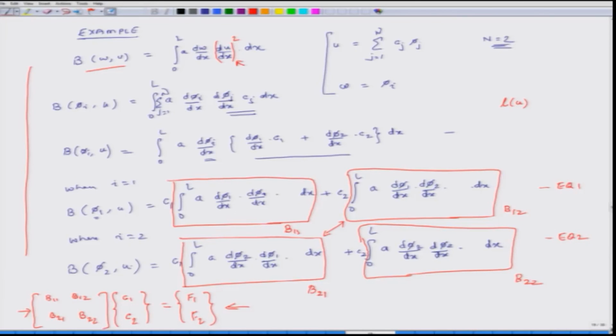If that were the case, then when we computed the values of B's and C's, we would not get linear equations in C, because when we replace U with Cj Phi, we will get squares and cross multiples of Cj's. You may get C1 square plus C2 square plus C1 C2 plus C3 square plus C1 C3 plus C2 C3 and so on and so forth. So, these equations will not be linear.